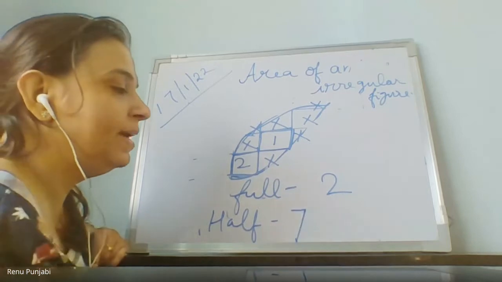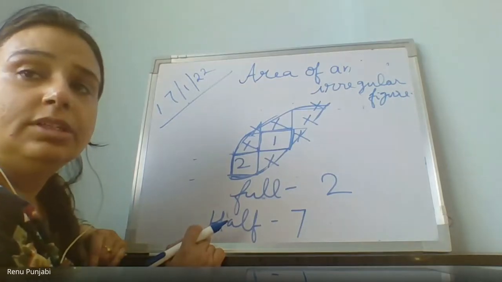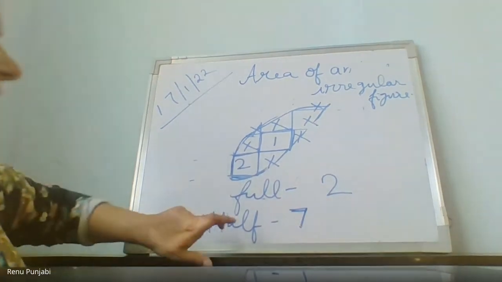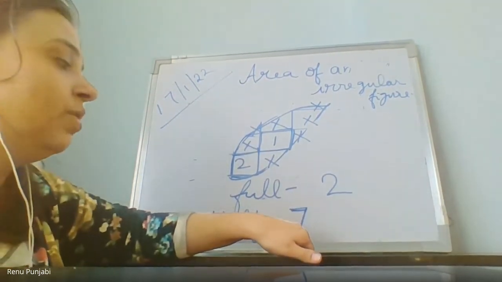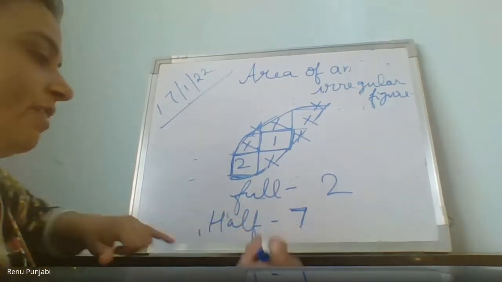So what will we do now? We need to convert these half squares into full squares. So we will do 7 divided by 2.